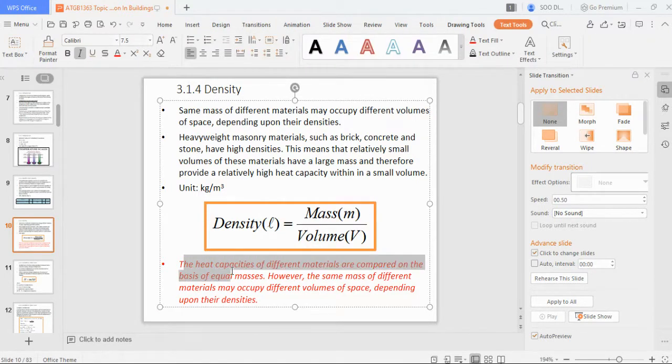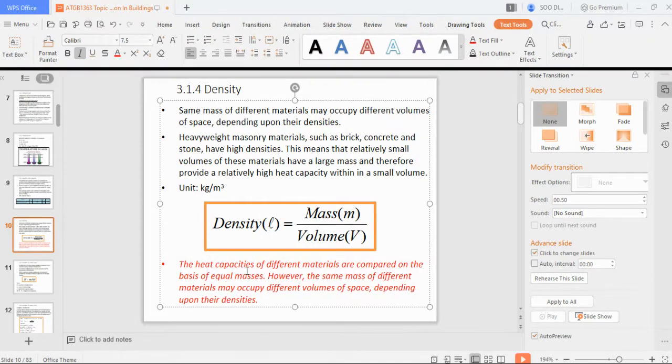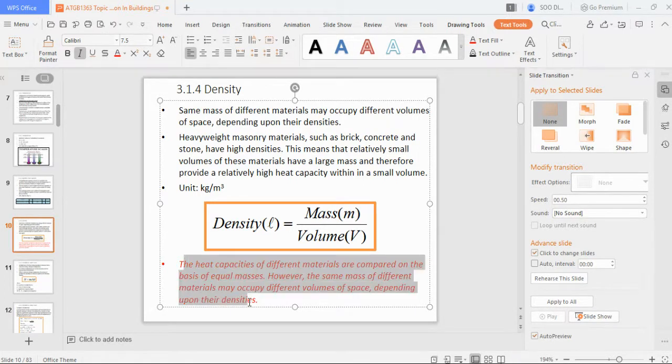If you can see the highlight here, heat capacity of different materials are compared on the basis of equal mass. But the equal mass of different materials may occupy different volume of space depending upon their density. So how dense a material is will actually affect the heat capacity of the material. This is what the statement is trying to say.